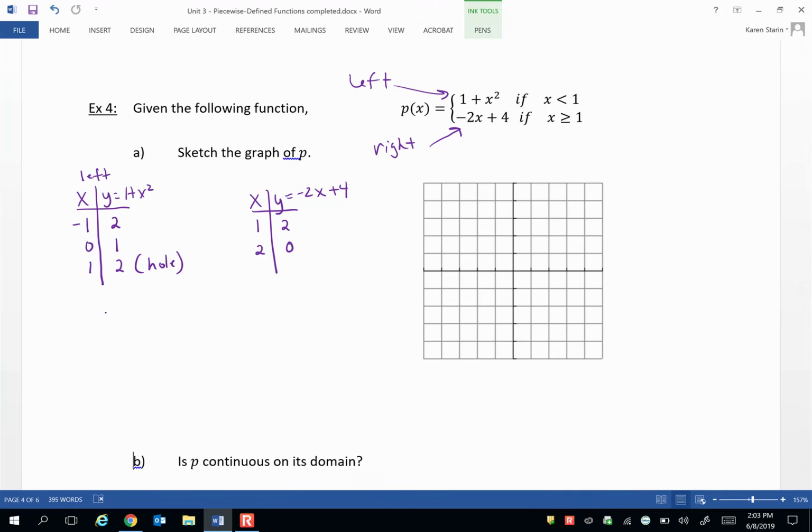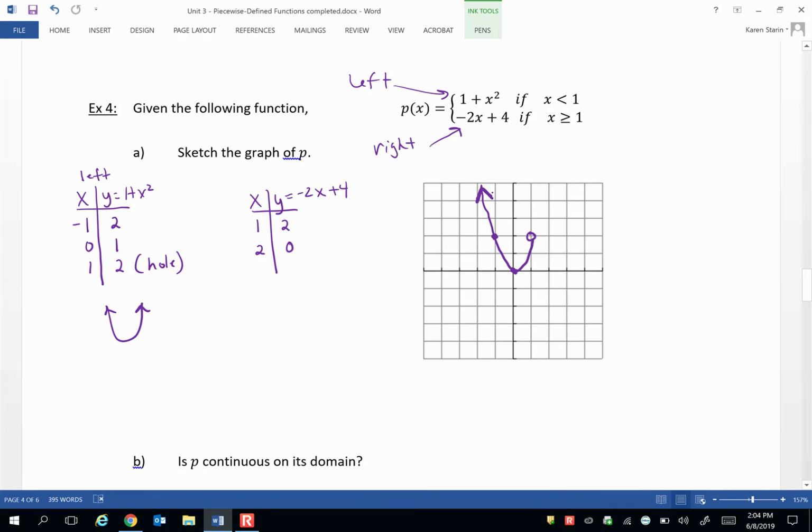I know the shape of the parabola looks like this. I'm just going to end wherever I have this hole. So at negative 1, 2, and at 0, 1, but then at 1, 2, I have a hole. And I do stop there, but from the left, I'm the entire shape of the parabola, and I indicate that with an arrow on the left.